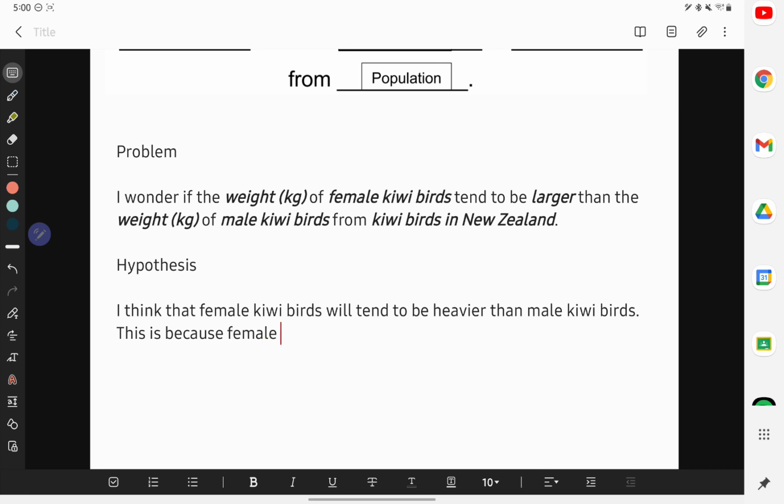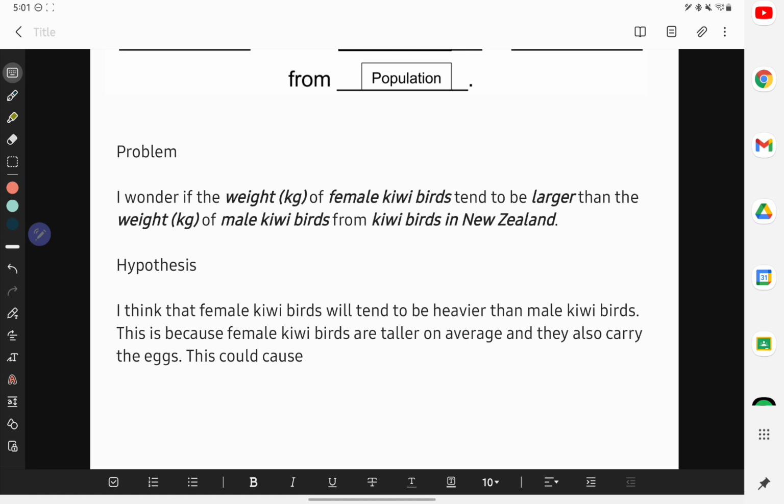This is because it's taller on average. Let's imagine that I looked stuff up on Google and I just found some information on kiwi birds and male and female kiwi birds. This could cause. Now remember, I'm not sure yet.